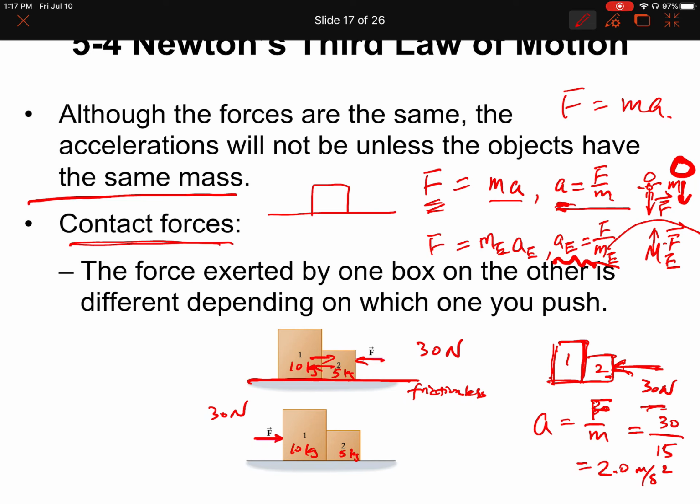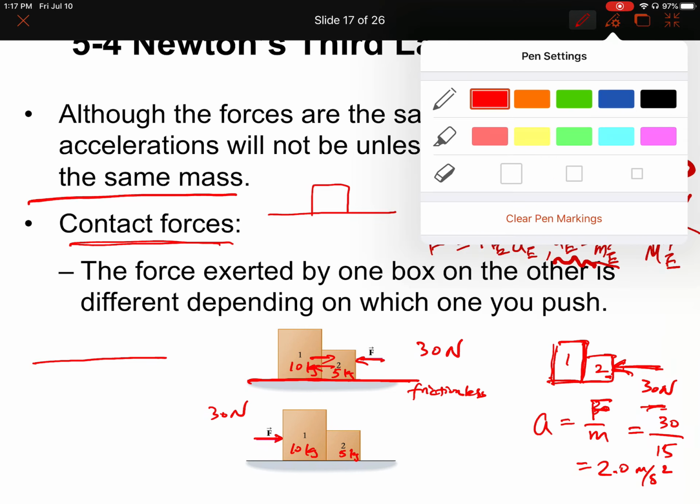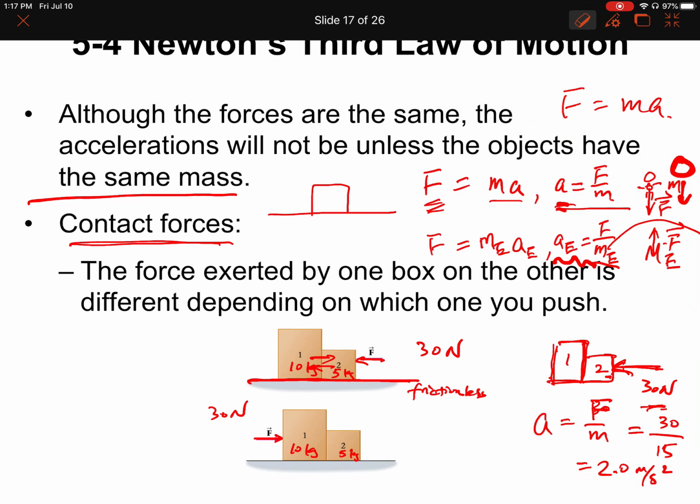Okay, and if you want to figure out the contact force between them, you can just take object 1 out. So here is your object 1. How many forces are there on this object 1?